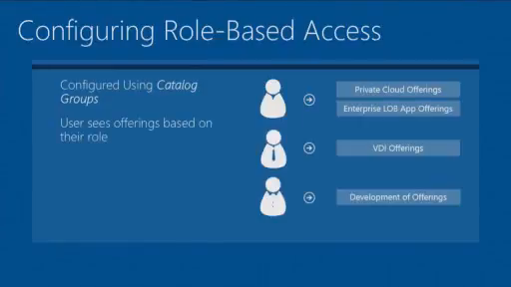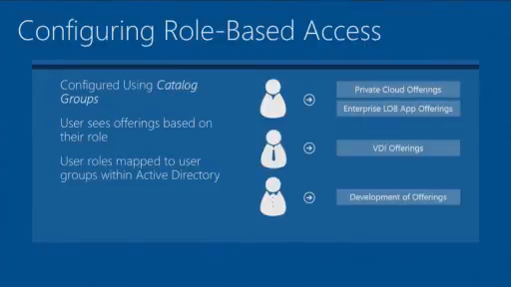So the user is going to see the offerings based on their role and which catalog groups we have given them permission to see, which means that HR will see different offerings than IT and different offerings than finance, etc. So I can deal with that very granularly on a per group basis.